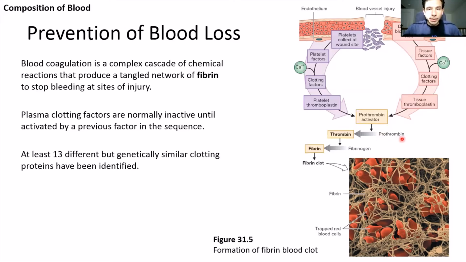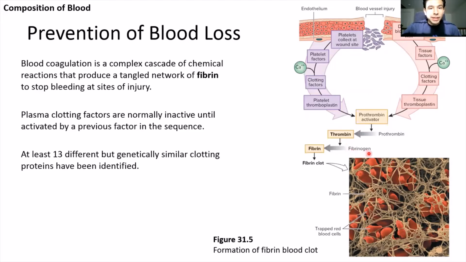Now, prothrombin is one of those proteins that's just hanging out in the blood. It's an enzyme, but it's inactive. And so prothrombin activator is going to do, guess what? Activate the prothrombin, turning it into thrombin, which is an enzyme that is now active.